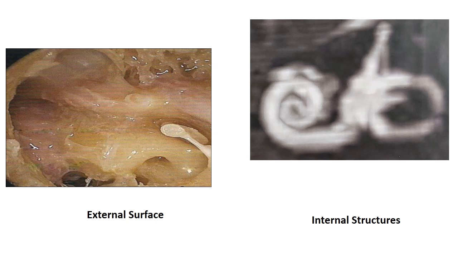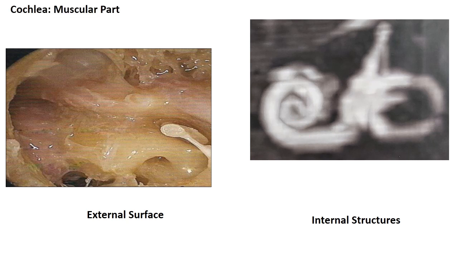A correlation between the external surface and the internal structure. To start with, we start with the promontorial portion. The promontorial portion consists mainly of the inferior basal turn, which is the bigger part of the basal turn. Besides this inferior basal part, there is a small part of the middle turn.